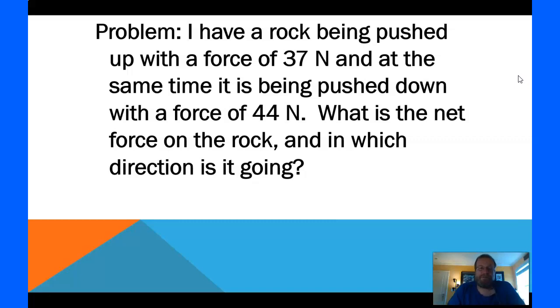The difference between 37 and 44 is what? 7. So let's say up is positive. It would be 37 plus negative 44, which is negative 7. Negative was down if up was positive, so it's 7 newtons down. Flip the positive negative, you'll get the same answer, 7 newtons down.